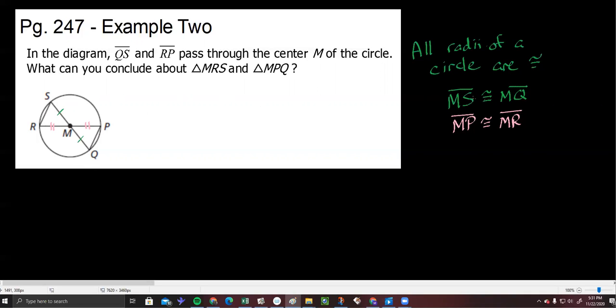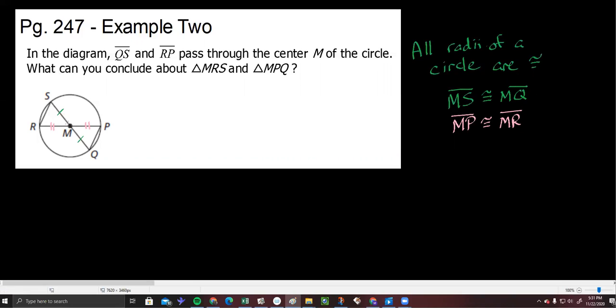And I didn't write it this way, but actually all four of these segments are congruent to each other. So I would have been fine with even just marking RM and MP with this one little green tick mark showing that all four of them are congruent. But just for the sake of not wanting to confuse anyone, I marked these up differently. But I have two pairs of congruent sides here.